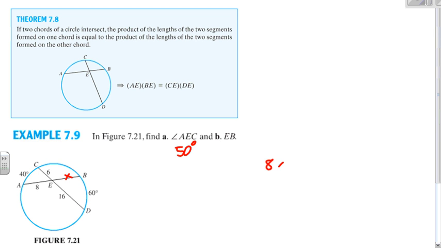So 8x equals 6 times 16. 6 times 16 is 96. 8x equals 96. Divide by 8, we get x equals 12. So EB is 12.